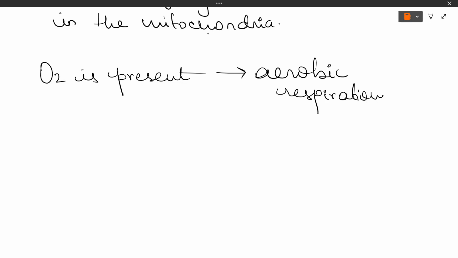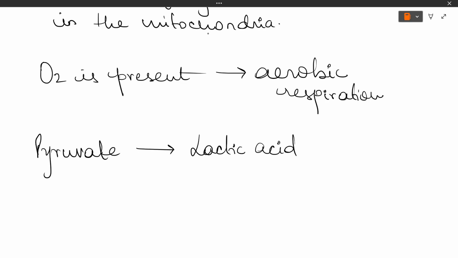So at that time the pyruvate is converted into lactic acid. Whenever anaerobic condition arises in our muscle cells, the pyruvate, which is a 3-carbon molecule, gets converted into lactic acid and energy.